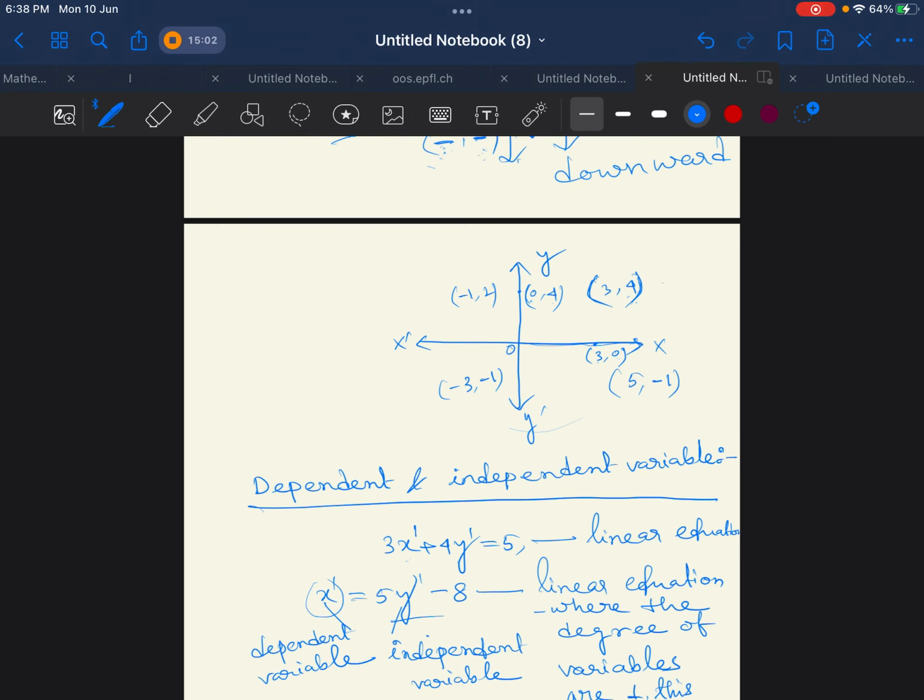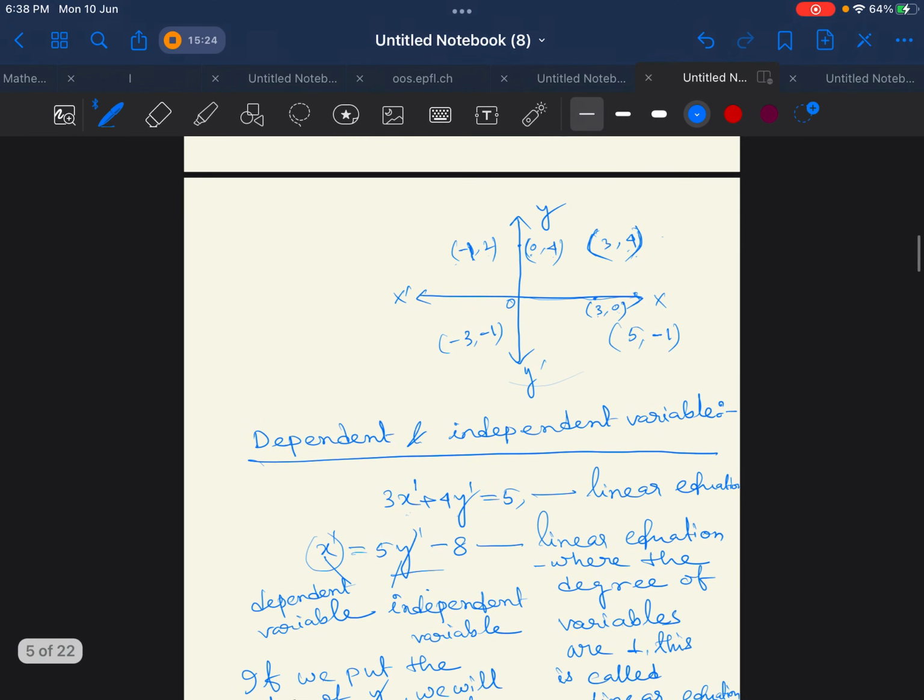So this point is located in the second quadrant.